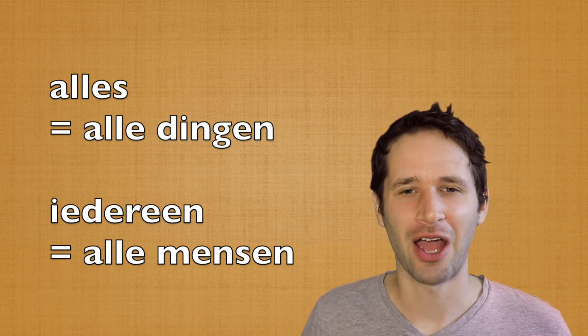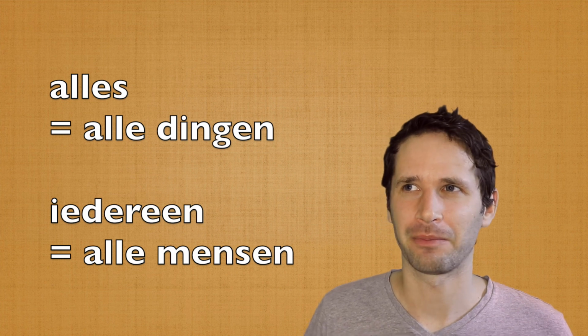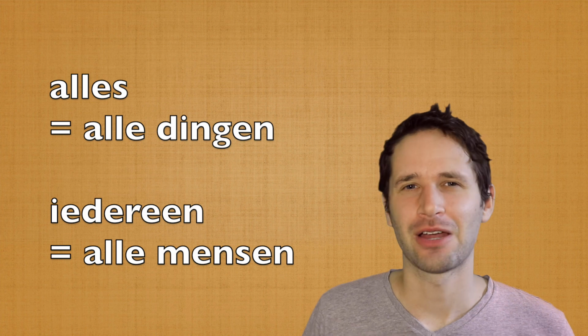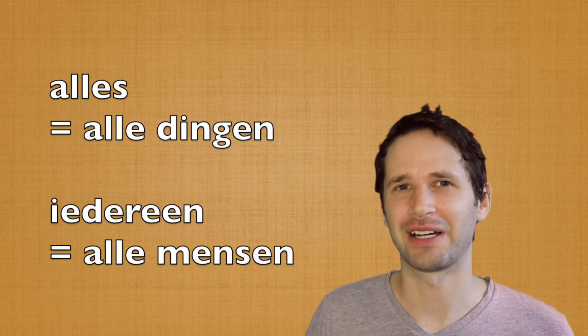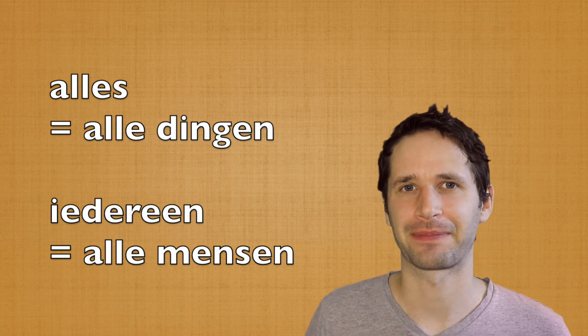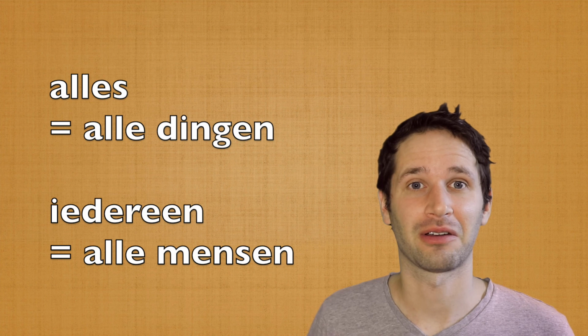How do you say all of them? Well, you could think, something with alle. Well, no. All of them is a little bit of a special case in Dutch. You could use iedereen.